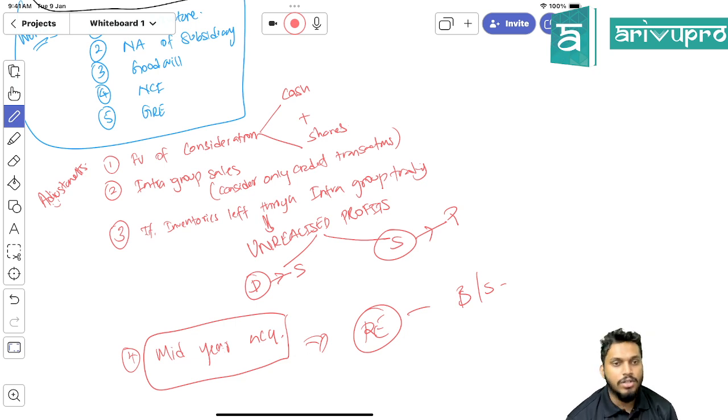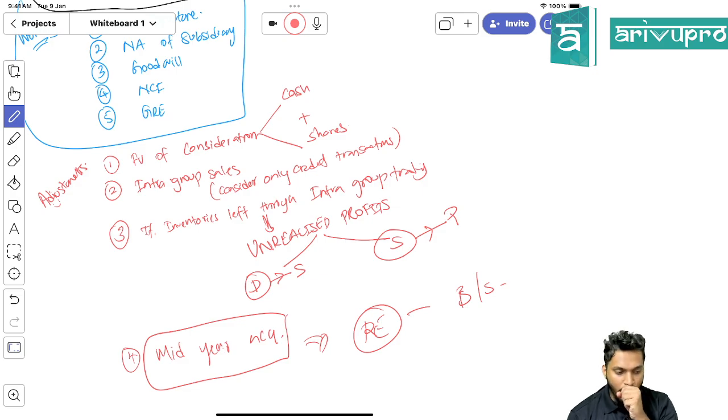So if you focus on these adjustments well, and if you are thorough with these adjustments and what you need to do on all these occasions, practice questions on these areas. I have already told you these are the adjustments examiners will test from you. Not anything beyond this. You got it? So that is your consolidated statement of financial position.